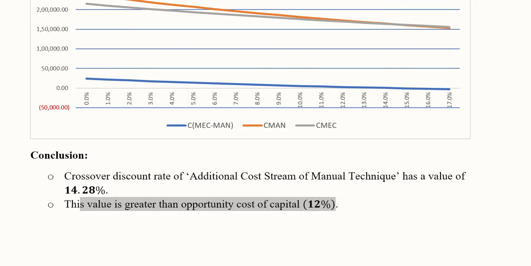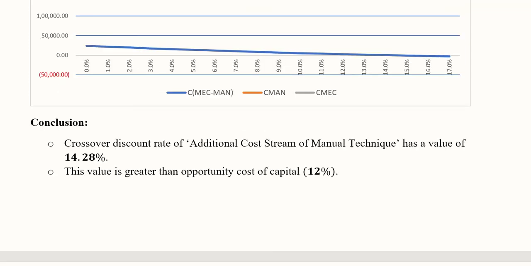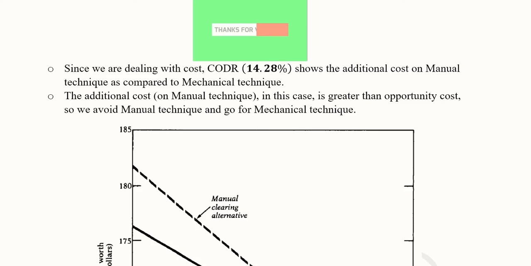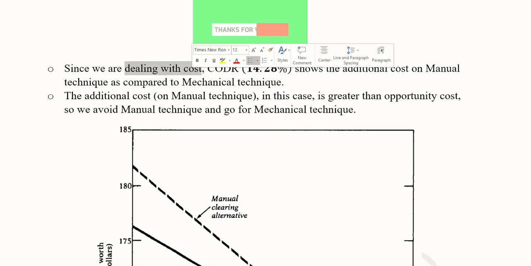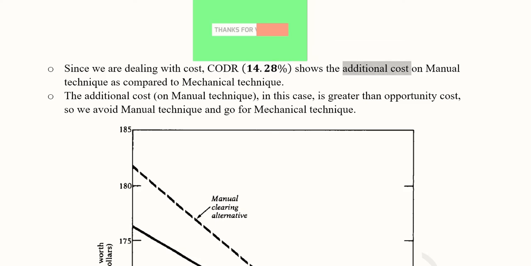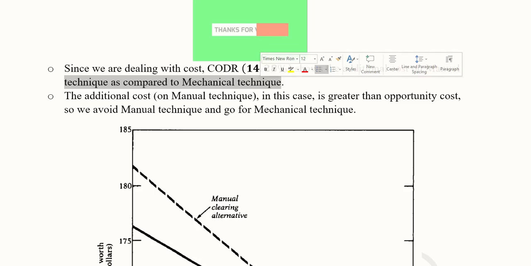So if it is greater than 12%, its interpretation will be done from the point of view of cost. Let us see. Since we are dealing with the cost, the crossover discount rate shows the additional cost on manual technique as compared to mechanical technique, because it was manual minus mechanical.